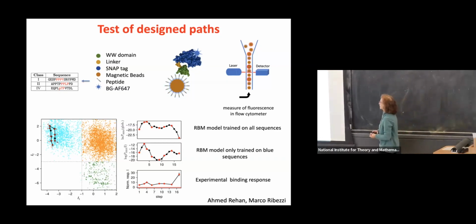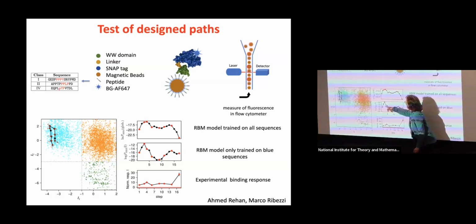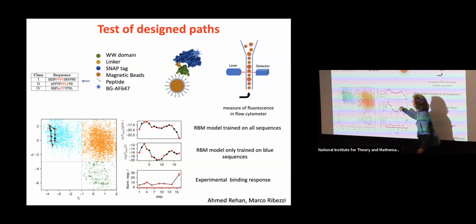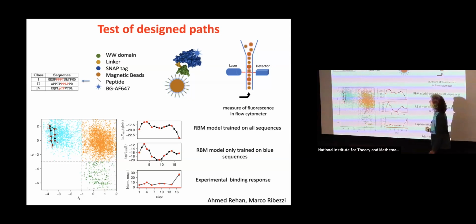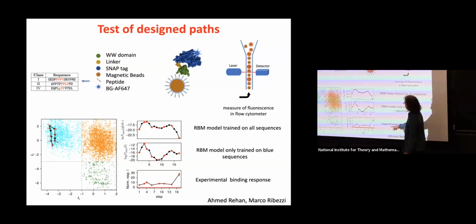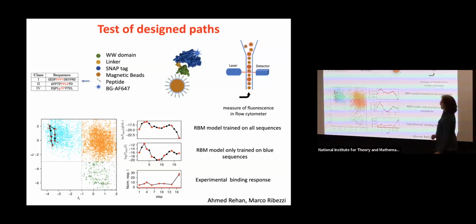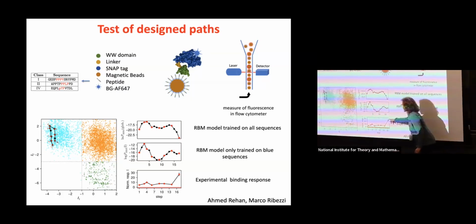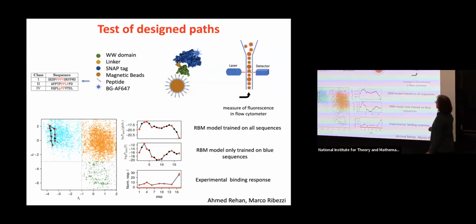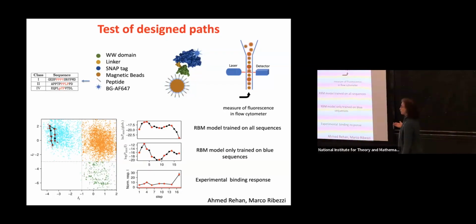You can also give a score given by an RBM trained only on class 1 proteins. This will be the specificity score in our case. And these are the experiments. All the sequences we have tested, the ones in red, respond and fluoresce, so they are all functional.